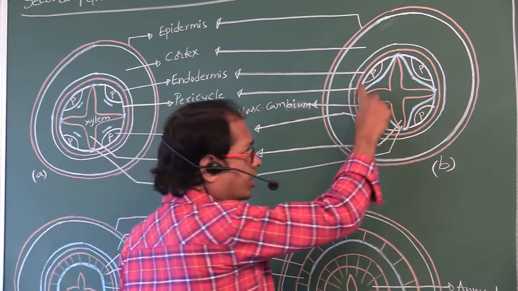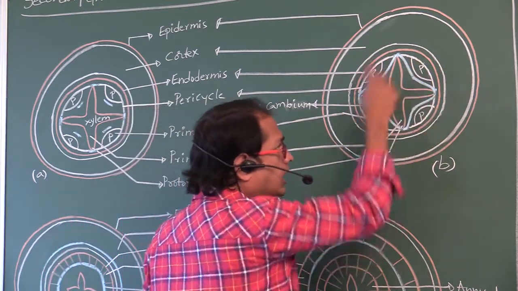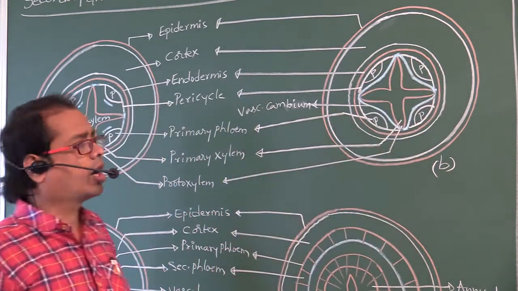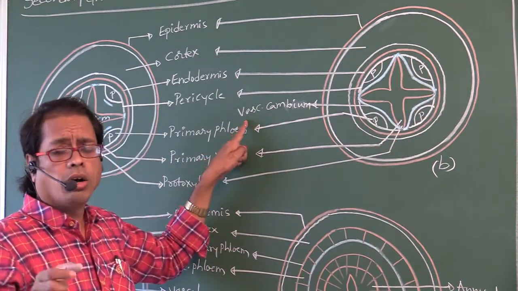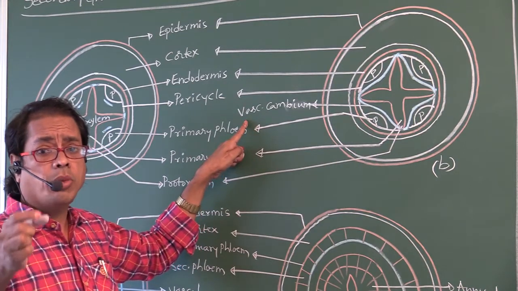Initially it is wavy, later it becomes circular. So this is the formation of vascular cambium in dicot root.